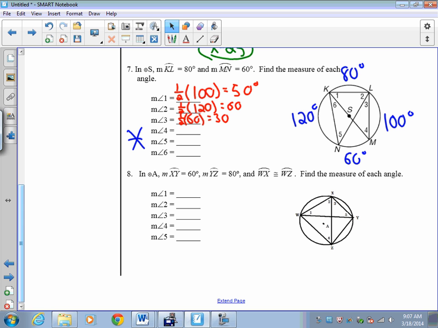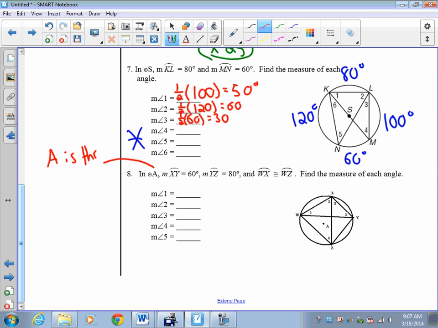So for number 8, we say in circle A, remember that means A is the center. In circle A, we're told that the arc XY is 60, arc YZ is 80, and that WX is congruent to WZ.